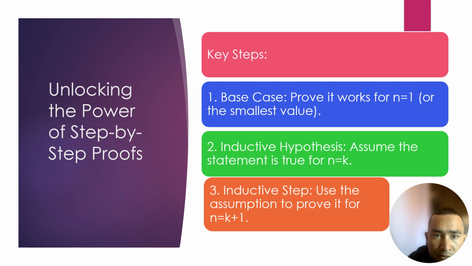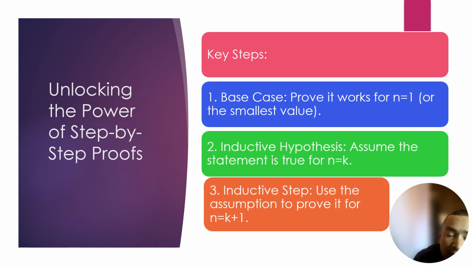After that we have the basic case and the inductive hypothesis. For the inductive hypothesis, we put n equal to k. Let's suppose, as an assumption, that the hypothesis may be right or wrong.